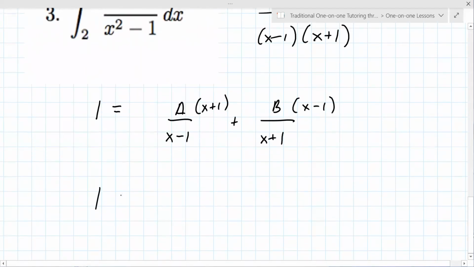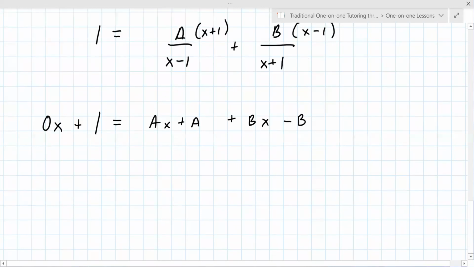So 1 equals Ax plus A plus Bx minus B. Again, there's no x here, so sometimes it's good to write 0x to make it firm that it's there. So this time it's 0 equals, and you need the ones with x, A plus B. And then the other one is 1 equals A minus B. This time the system's a little easier to solve.